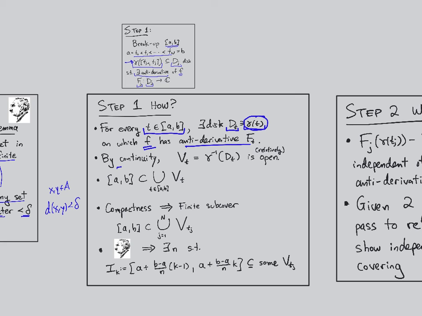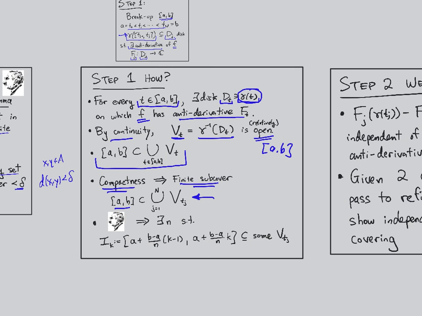But by continuity, the inverse images of these disks will be relatively open subsets of the interval AB. So we'll get an open cover of the compact interval AB, but it's compact, so we have a finite subcover. So interval AB is contained in finitely many of these sets.